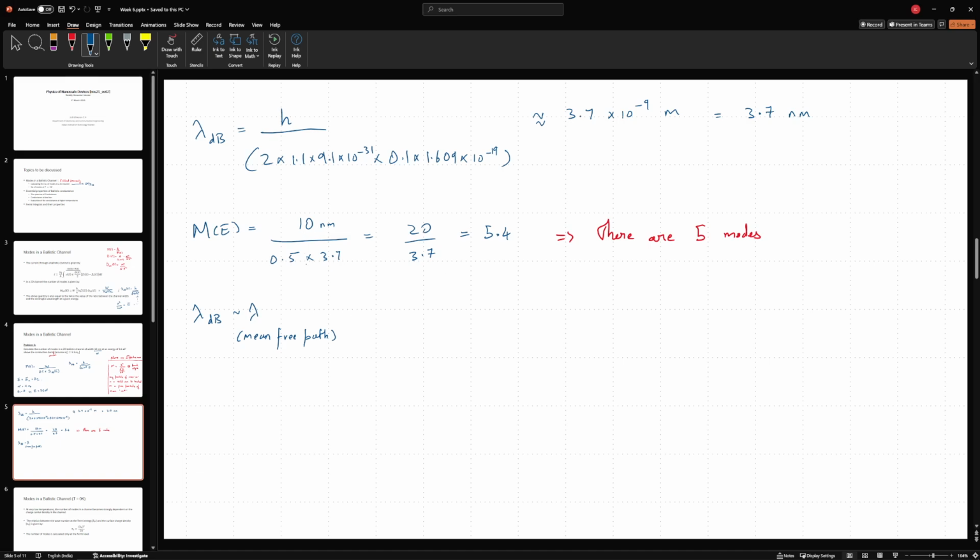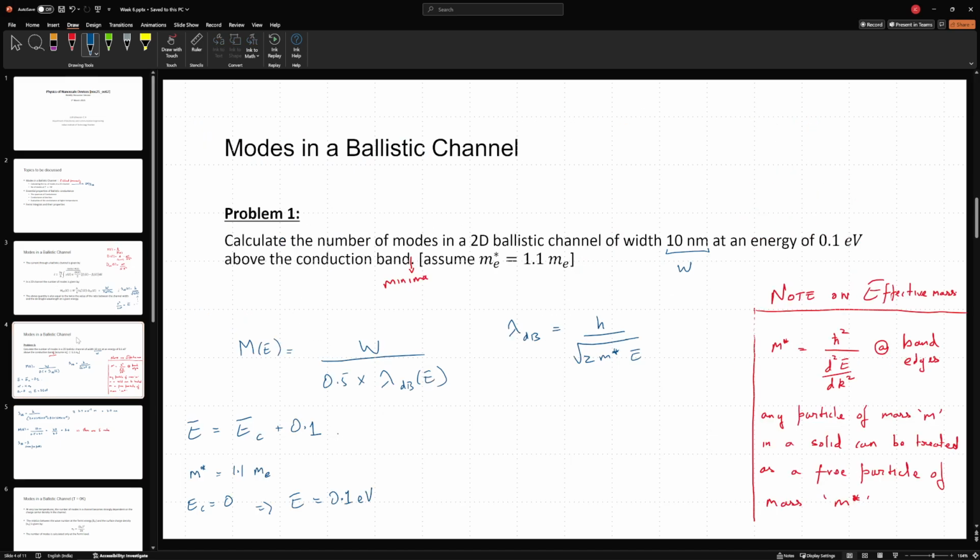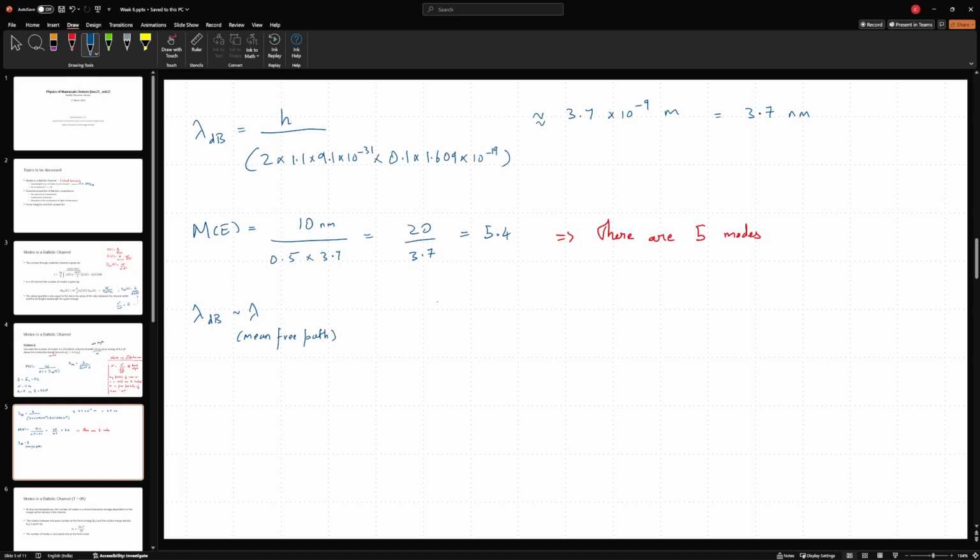Now I don't know what the length of the channel is, so let us say I assume that this also has a length. I'm just adding this now. So let us say this channel has a length of 10 nanometers.